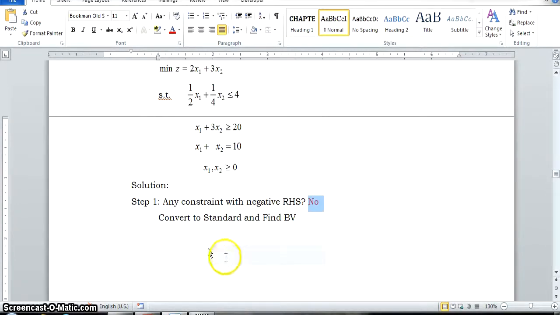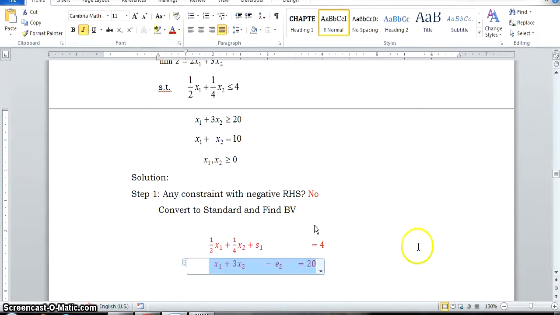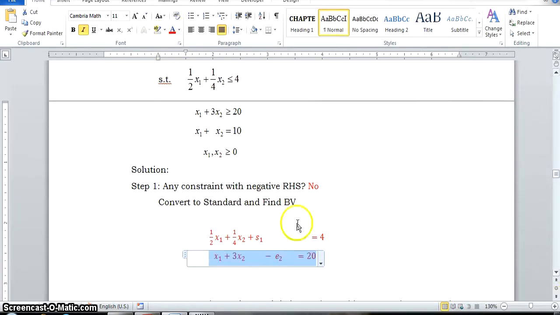For row 1, we add S1 to the left-hand side of the constraint. For row 2, we subtract an excess variable, E2. And for row 3, we rewrite the whole constraint because it's already in equality form.